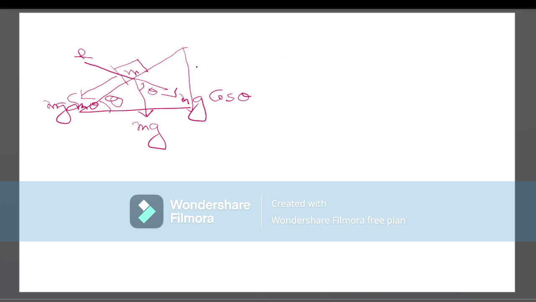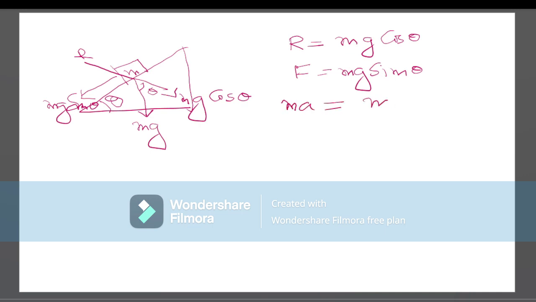So if you compare, then R will be mg cos theta, as you see from the figure, and the force responsible for the downward movement of the body is mg sine theta. So, if you consider F equal to ma, where a is the acceleration, then this will be m g sine theta.